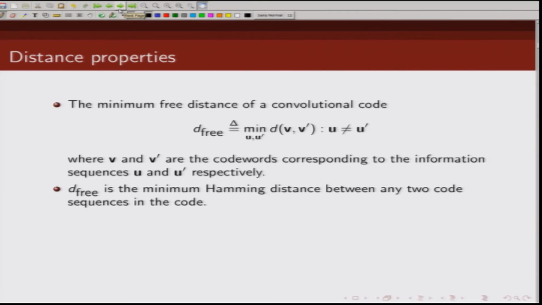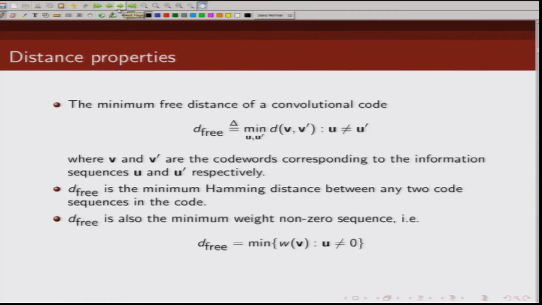So, basically free distance is the minimum Hamming distance between any two codewords in a convolutional code, and this is the same as the minimum weight of a non-zero codeword.